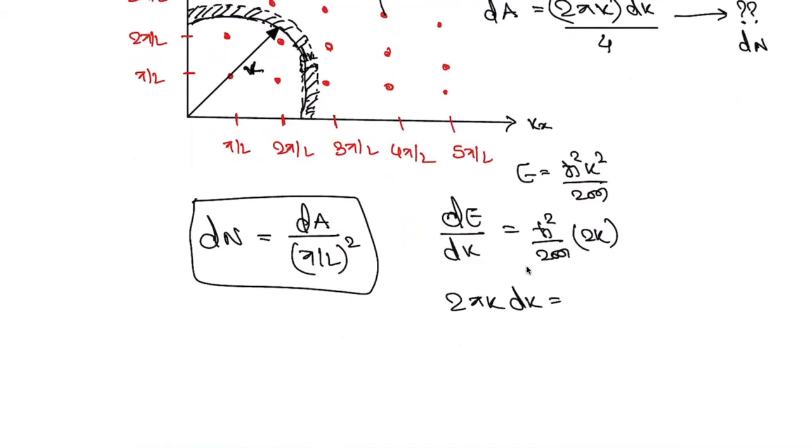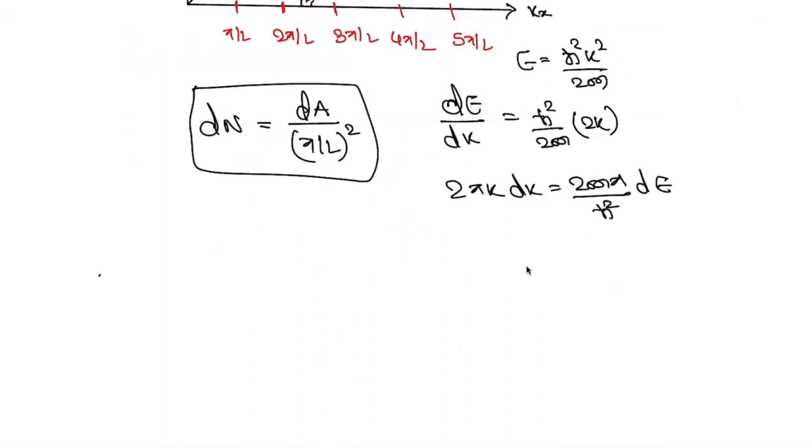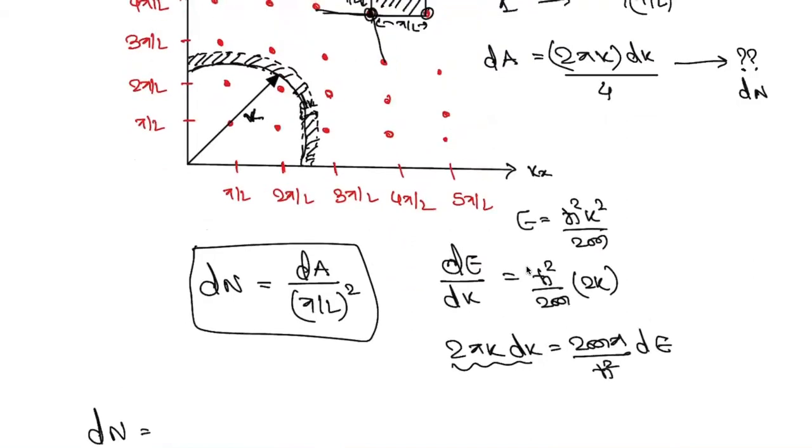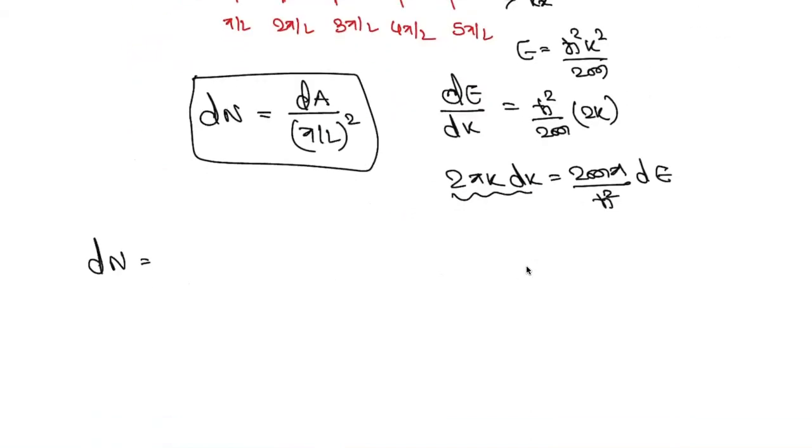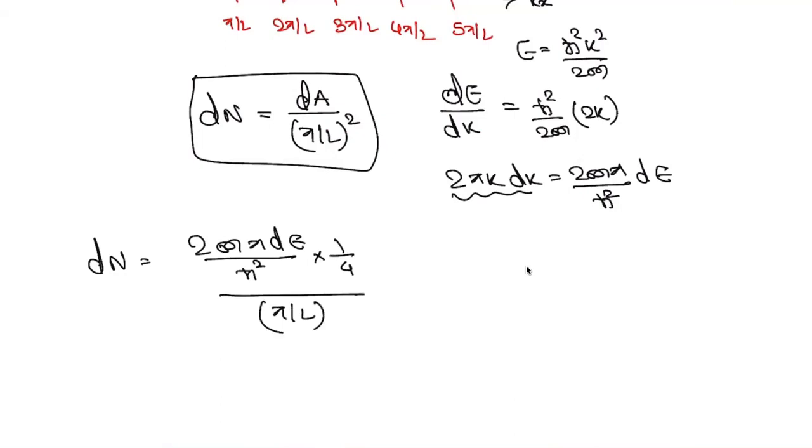Multiplying pi here and pi here, it will become 2m pi over h cross square dE. Put it in. When you put dn, we don't need 2 pi k dk, we need 2 pi k dk by 4. So we put 2 pi k dk by 4. So it becomes 2 pi dE upon h cross into 1 by 4 upon pi by L square. So this becomes 2.